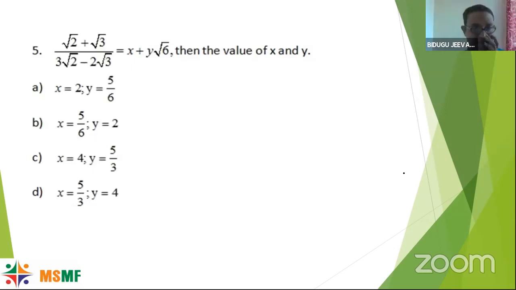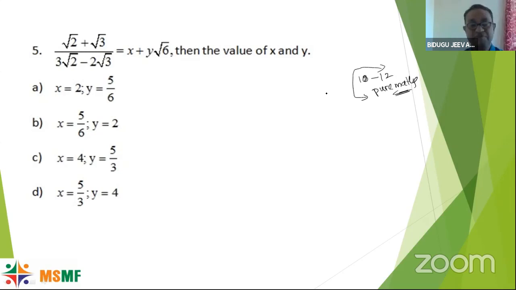Now, question number 5. This comes under indices and surds. In SSC, they used to give roughly 10 to 12 questions of pure maths, so you should get ready for simplification. Now, can any one of you simplify?